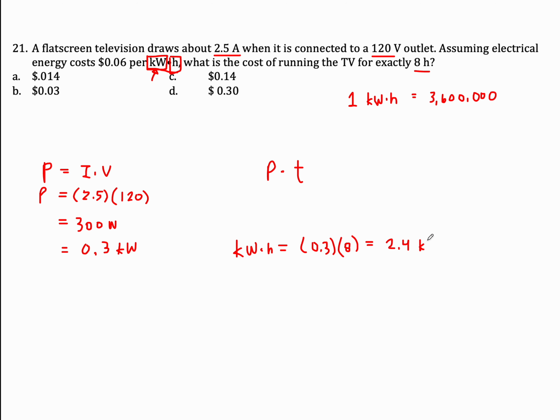And then to figure out the total cost, we just multiply that by the cost per kilowatt hour. If you want to do a quick fraction, the cost is 6 cents per kilowatt hour, which is equivalent to 1 kilowatt hour. Kilowatt hours cancel. And 2.4 times 6 cents, I need to get my calculator.